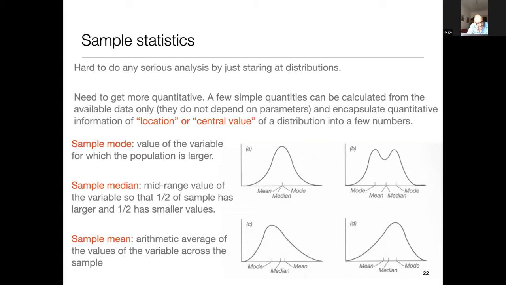So one could look at the sample mode, so where is the peak, which is the value of the variable for which the population is larger, or the sample median, so the value such that you have an equal amount of values to the right or to the left, so lower and higher values divided in half, or the sample mean, which is probably the most important one, which is the arithmetic average of the values of the variable and gives us an idea of where the distribution is, basically.